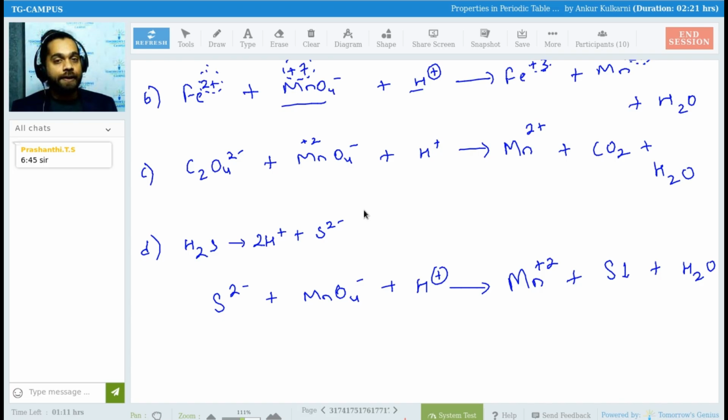Write down both the reactions and say done in the chat box.